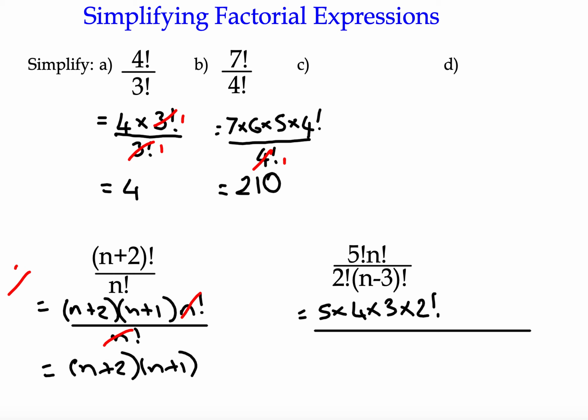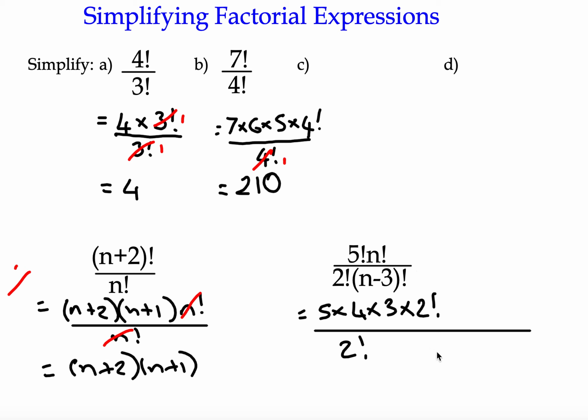And what have we got? So on the denominator, we've just got 2 factorial. And then we've also got n factorial and n minus 3 factorial. Now remember that we always deconstruct or decompose the bigger number. You notice 5 factorial is bigger than 2 factorial. n factorial is bigger than n minus 3 factorial.